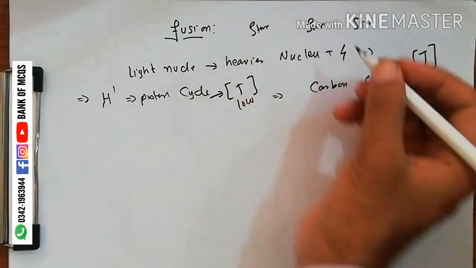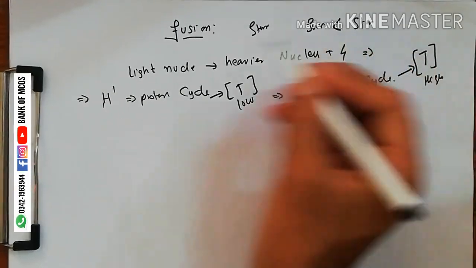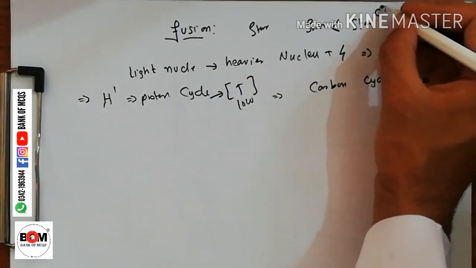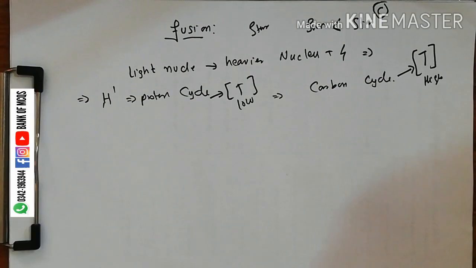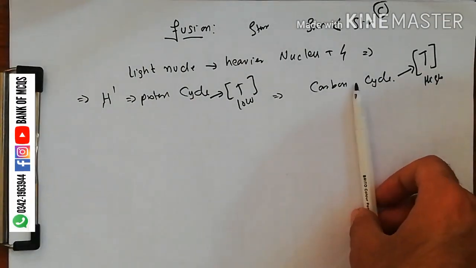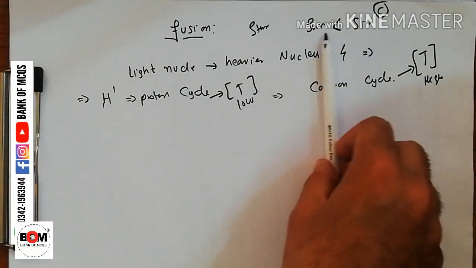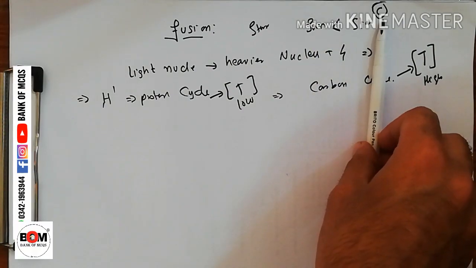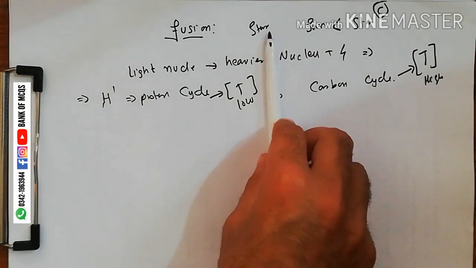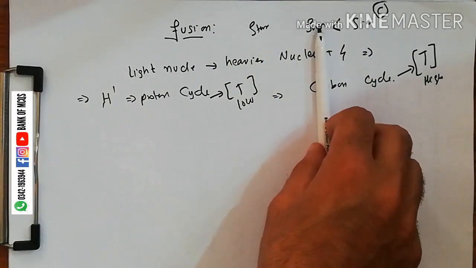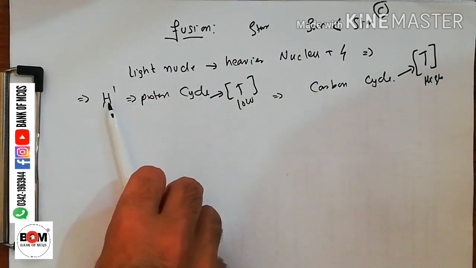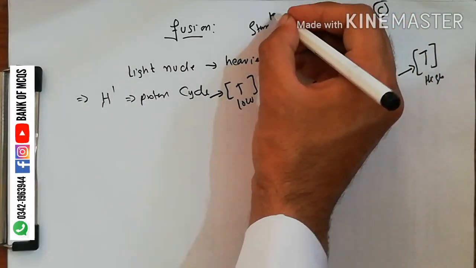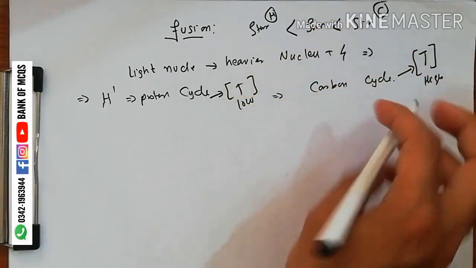If a star's temperature is higher than the sun, the carbon cycle will take place, because at high temperature the carbon cycle is more efficient. In stars that have a higher temperature than the sun, the carbon cycle takes place, while stars that are cooler than the sun have the proton cycle, or H cycle. So this is the point to remember.